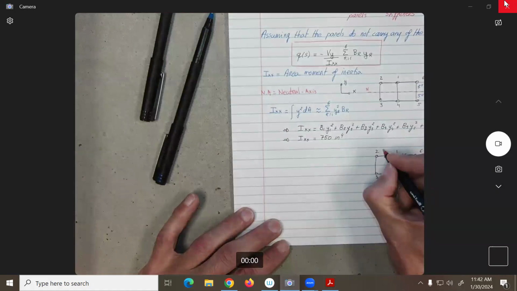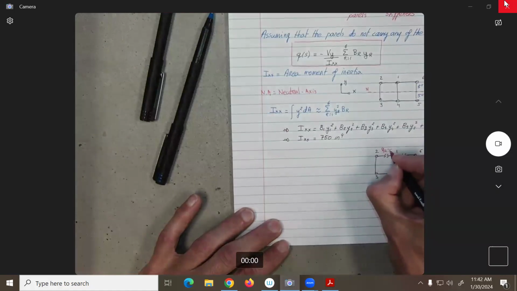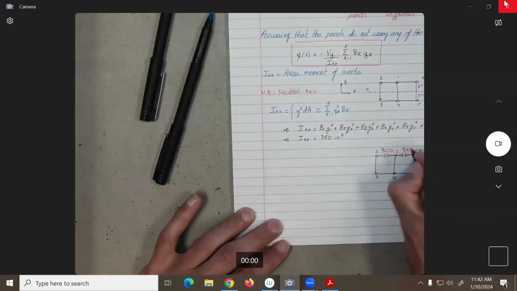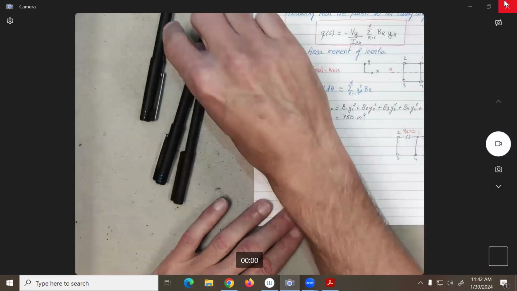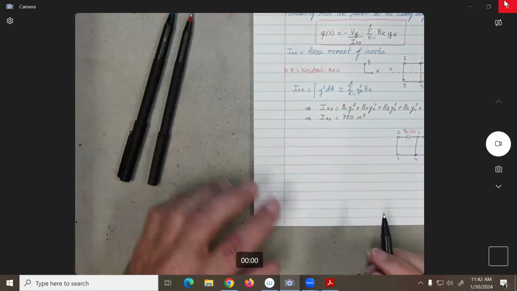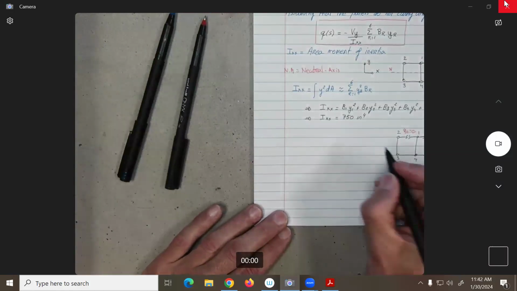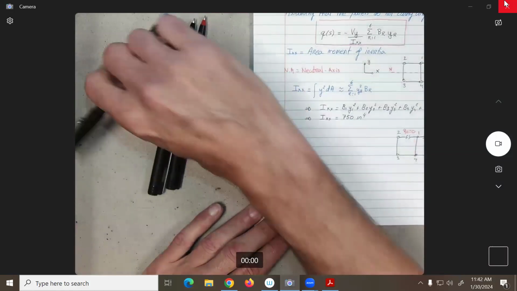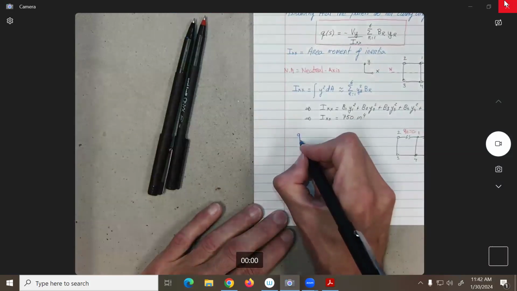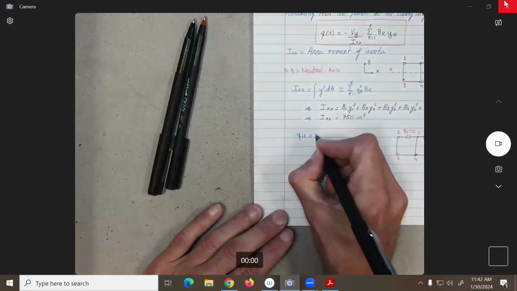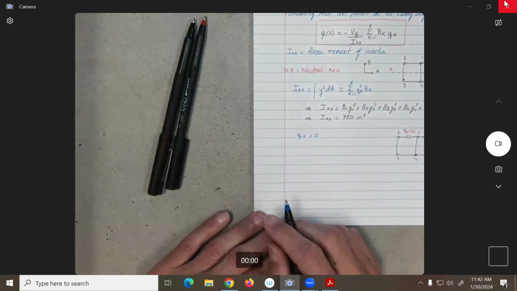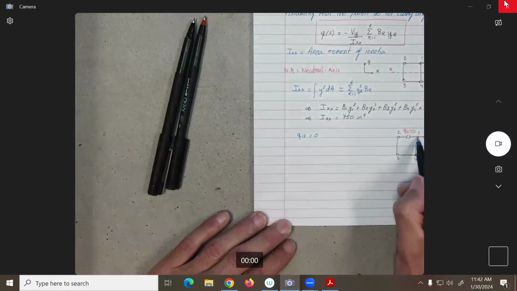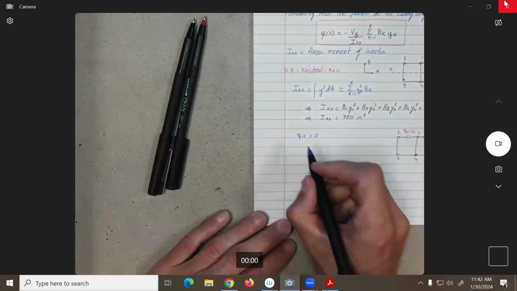Okay, we said over here Q12 equal to 0, Q16 equal to 0. Okay, so now what can we do? I can say Q12 equal to 0. So I'll start from here, I'll go from 1 to 2, Q12 is equal to 0.